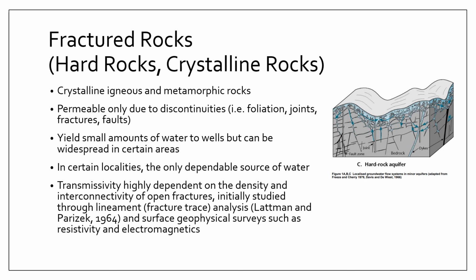And as you would expect from a crystalline rock, you don't have primary porosity. And the only way you can get porosity in crystalline rocks is mostly by discontinuities. So your foliations, joints, fractures, and faults.